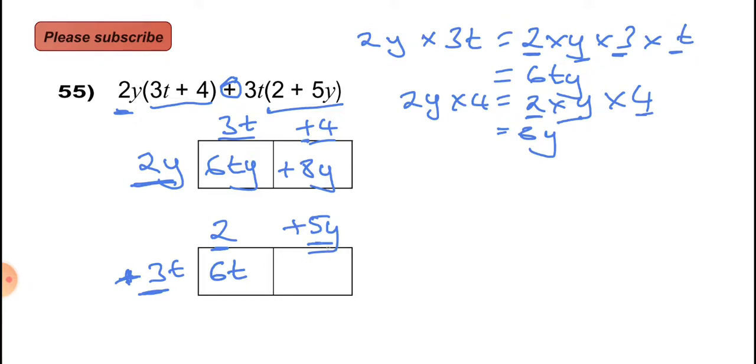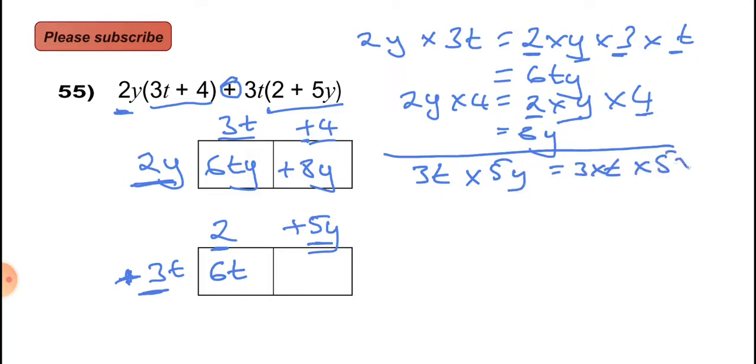So if I do a bit of side working here to show that, 3t times 5y is the same as saying 3 times t times 5 times y, which is 3 times 5 is 15, and then t times y is ty. So the answer is positive, 15ty.